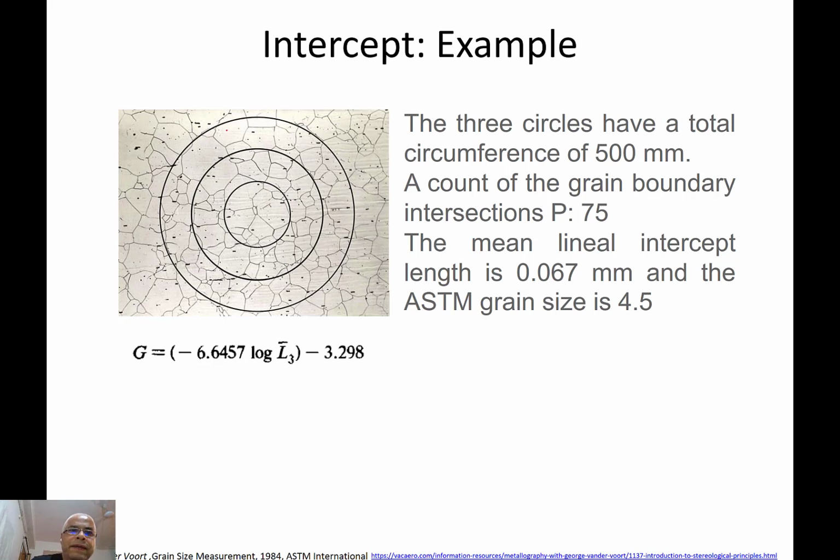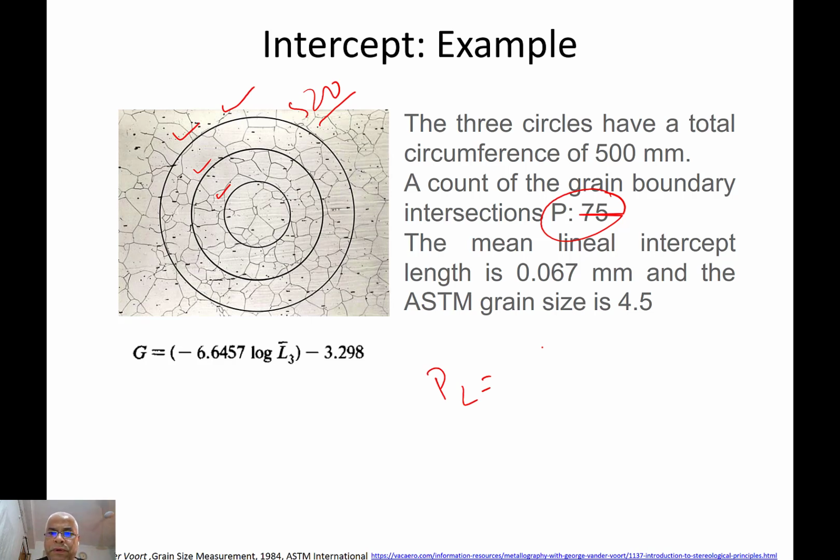Say here the test line length is 500 mm for all these three circles, and the number of grain boundary interceptions counted is, say, 75. We have to determine the PL first, that is the grain boundary interceptions per unit length.